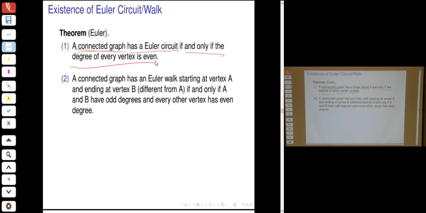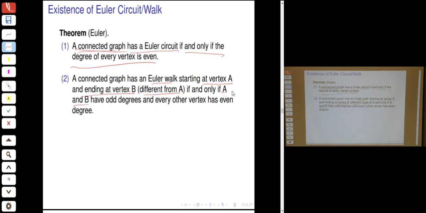And what is the condition for an Euler walk, that is, starting at vertex A and ending at vertex B, so starting and ending at different vertices? This condition is slightly more complicated because it is an open walk, since A and B are different. The condition is that A and B will have odd degrees.